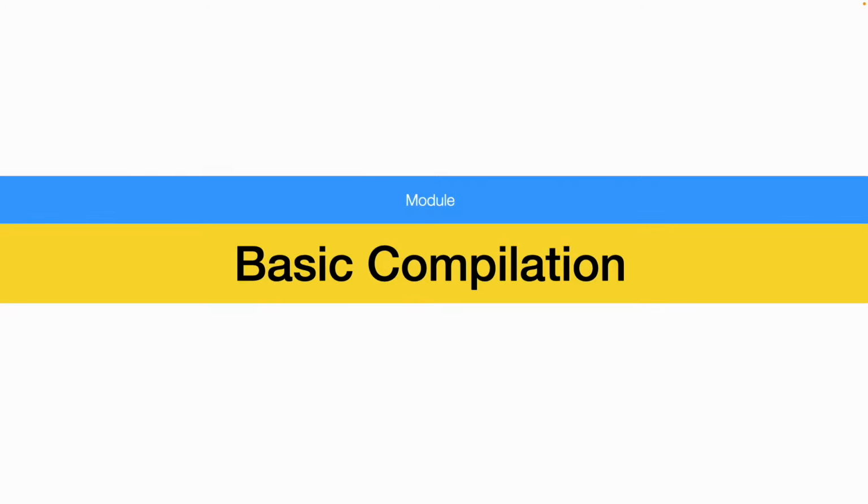Basic compilation. In this particular module, we are going to learn how the compilation for TypeScript works. There are some necessary files like tsconfig.json, which will help us with the compilation configuration, how we can initialize this file, and how we can set up watch mode. In the tsconfig.json file, where we set up the configurations for compilation, it provides different variables and flags that help us customize the compilation behavior.